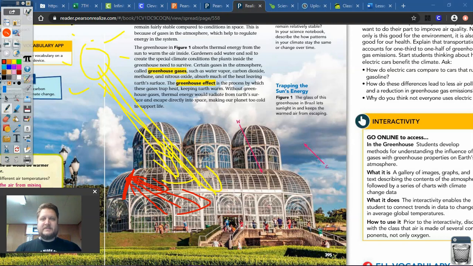So the atmosphere is trapping the heat underneath it, close to the Earth. The glass is trapping the heat within the greenhouse. So when we talk about the greenhouse effect, we're talking about the warming of the Earth due to our atmosphere keeping the heat in. So it lets the light in, but traps the heat.